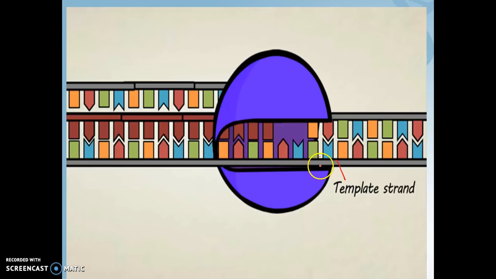Among the two DNA strands, the polymerase uses one strand to read the bases to make RNA, and that strand is called the template strand. The other strand which RNA polymerase does not use is called the gene strand.